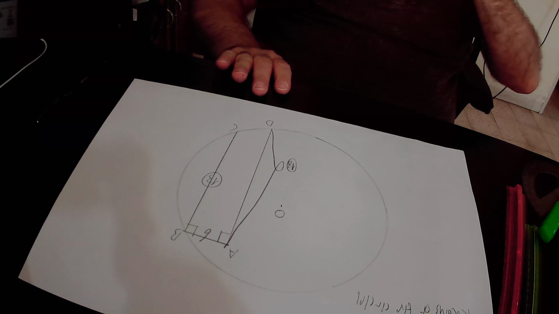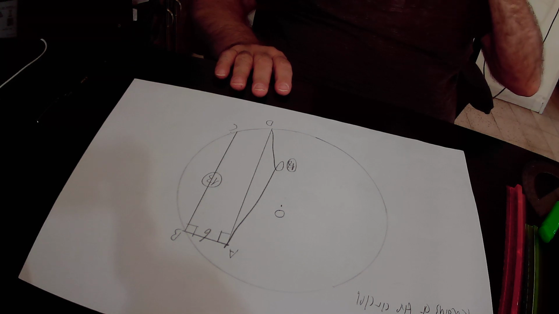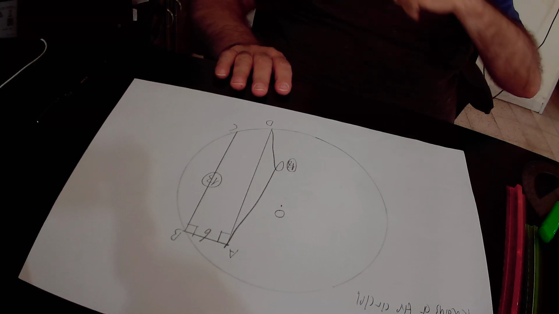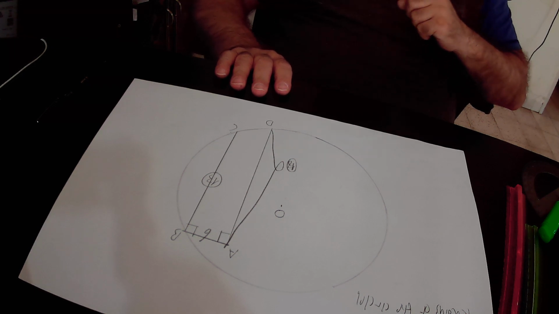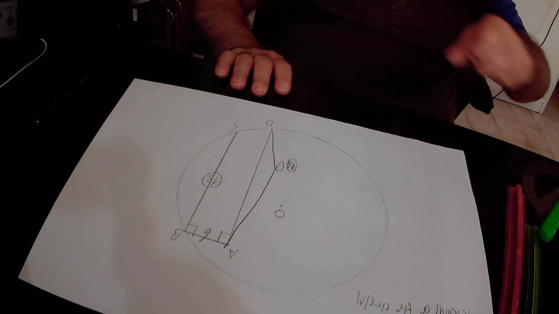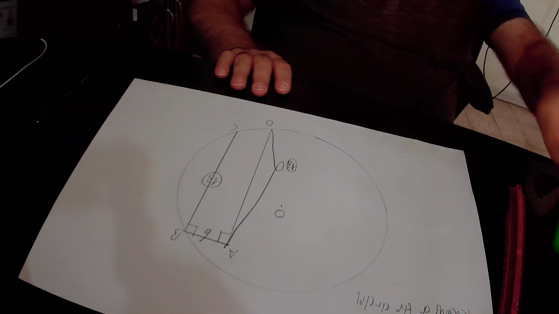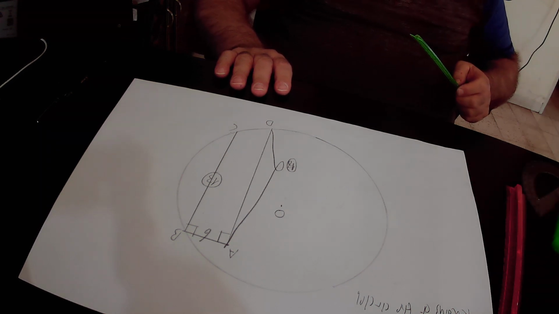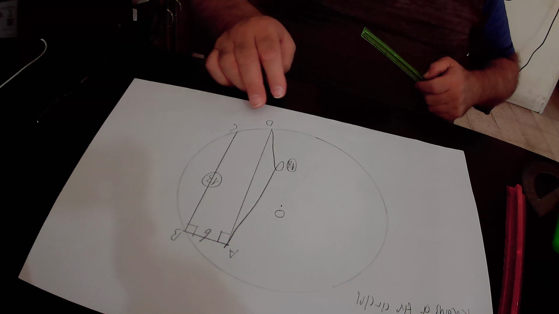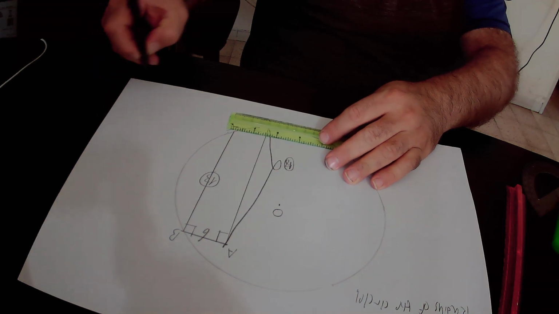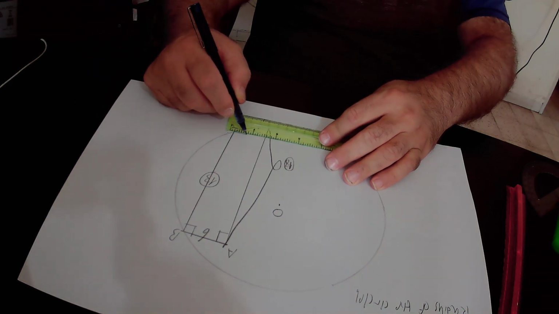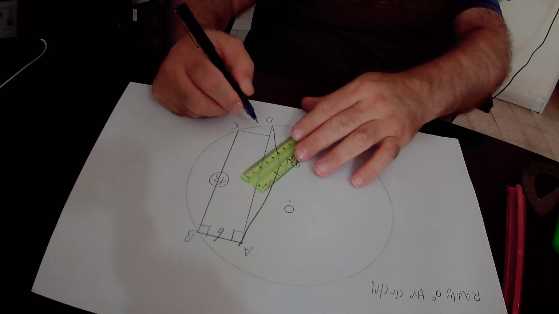In the second method, in the first step, we will do all the things that we have already done in the first method. So I repeat it quickly. From point C, we draw a perpendicular on AD. So this angle equals 90 degrees.